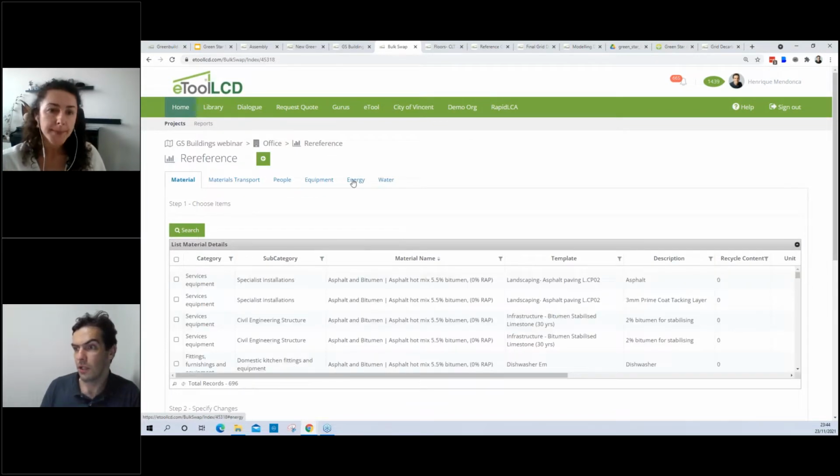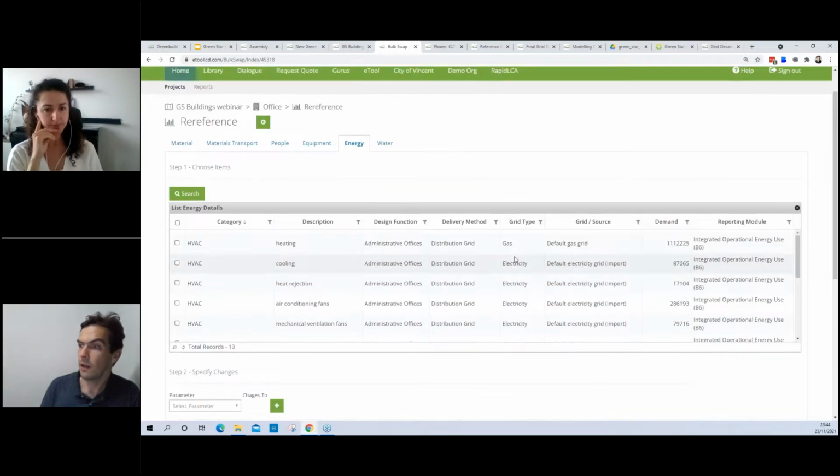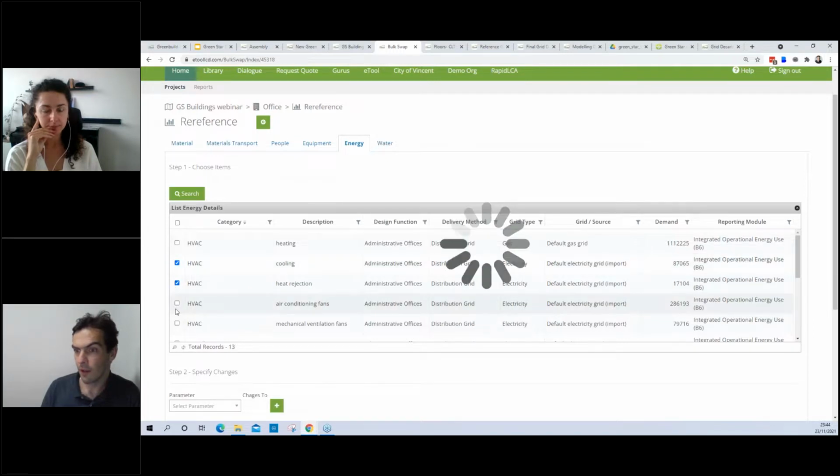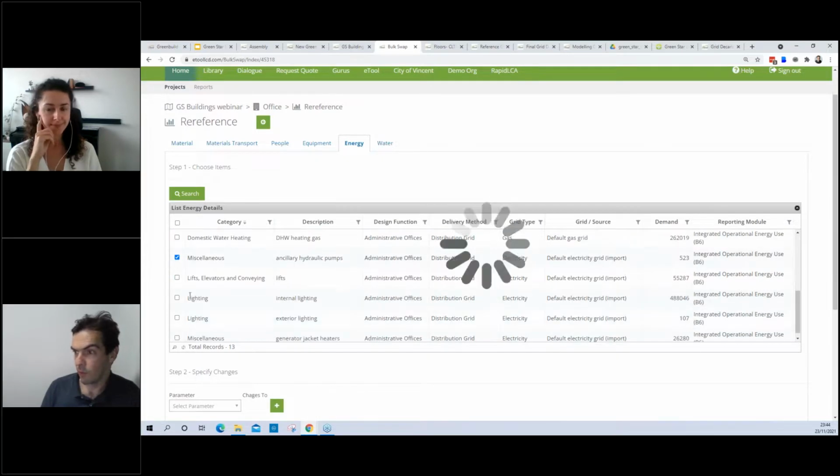So you go into the energy, you find the electricity components, for example. You select all the HVAC components. I'm going to remove them all. You're not changing the grass because we only decarbonize electricity grids. So you have to skip this one, and then you change all the other ones.